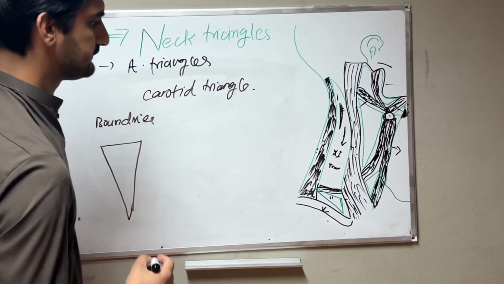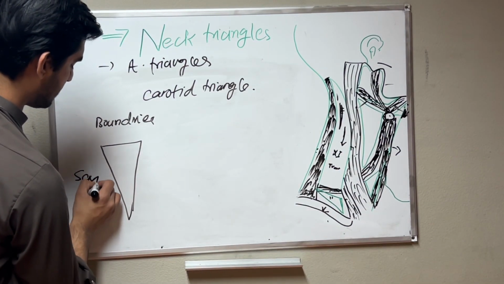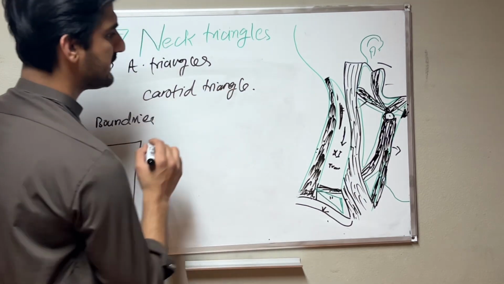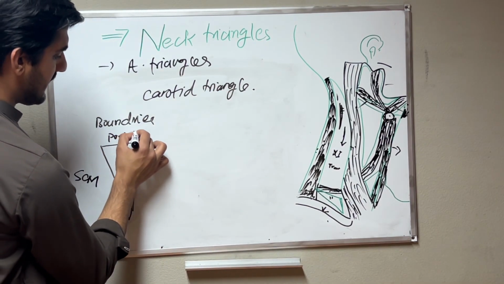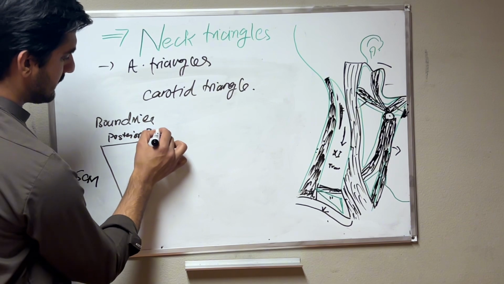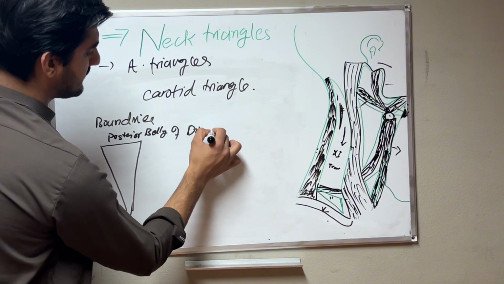Here we have the sternocleidomastoid muscle. Here we have the posterior belly of the digastric muscle.